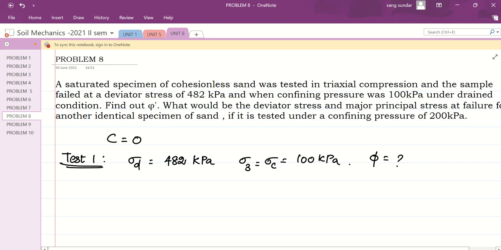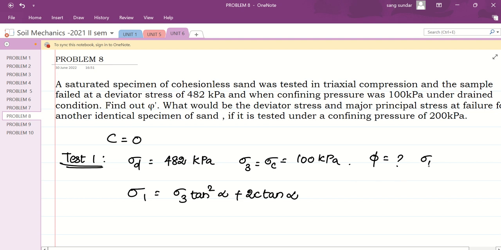First, we'll substitute the values of test 1 in our equation: sigma 1 equal to sigma 3 tan square alpha plus 2c tan alpha. Here sigma D alone is given, so what is sigma 1?